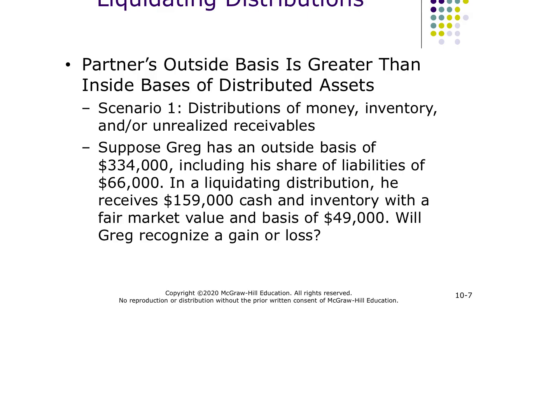What scenario 1 means is that the partner's outside basis is greater than the inside basis of what he's receiving, and he's receiving money and hot assets.